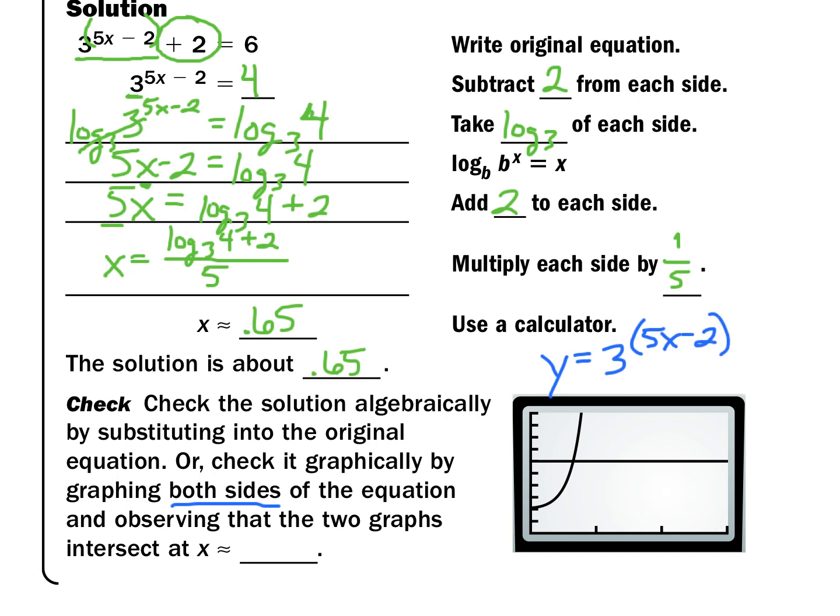And that would give you your curve here. And then you would graph the right-hand side of the equation, which would be y equals 6. And that's obviously just a straight horizontal line at y equals 6.